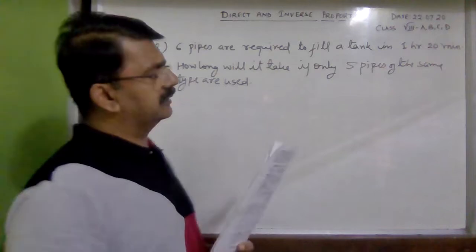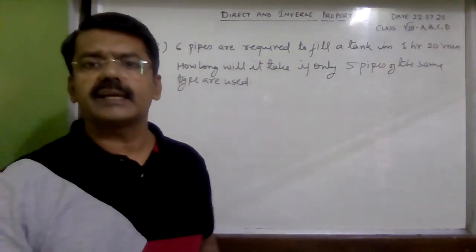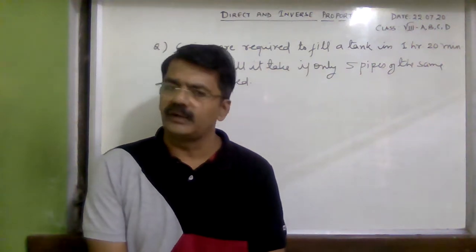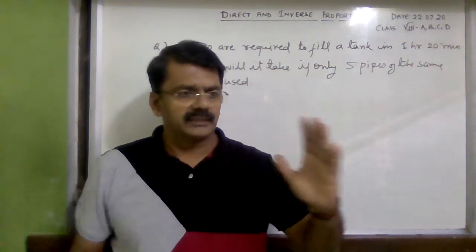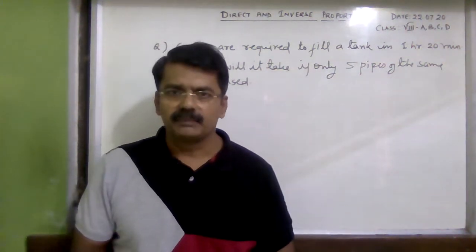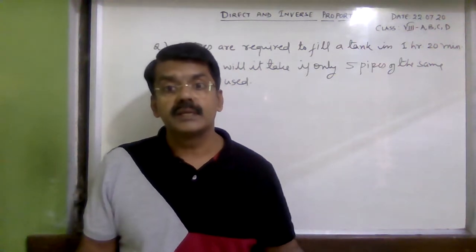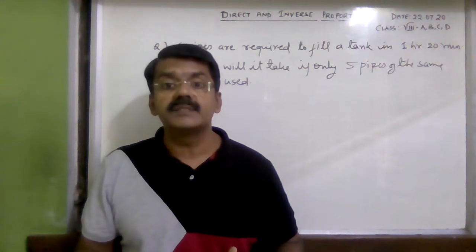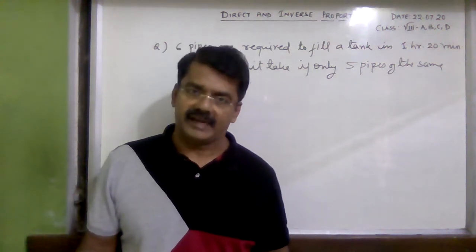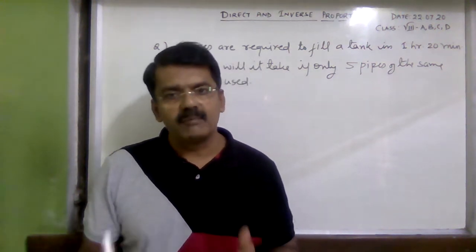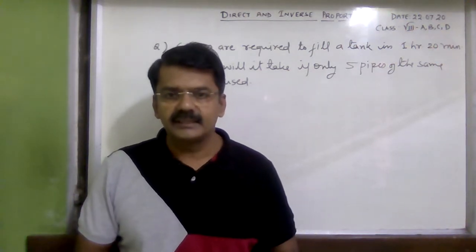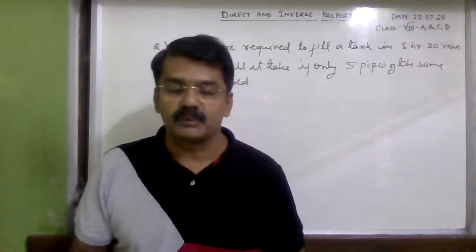Now see, here the two quantities that are in consideration is number of pipes and the time taken to fill a tank. Now the capacity of the tank is fixed. If you use more pipes, it will take less time. If you use less pipes, then it will take more time. That means the number of pipes used and the time taken to fill the tank are in inverse proportion.